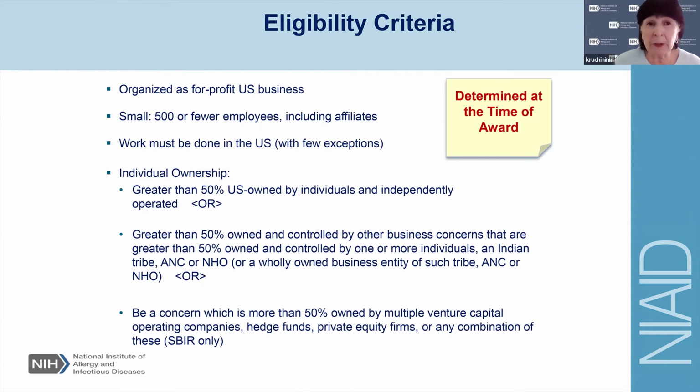Always remember about eligibility. The small business must be for-profit, US-based, with no more than 500 people, and the work needs to be done in the US. A few comments about this. Keep in mind, if there is foreign involvement in your project, we have a few exceptions, but usually this application will come with a red flag.